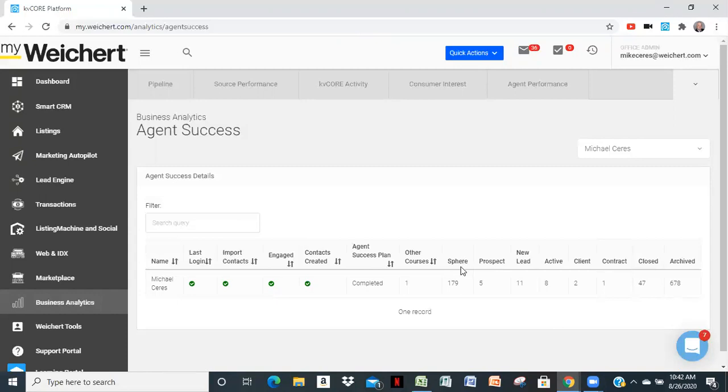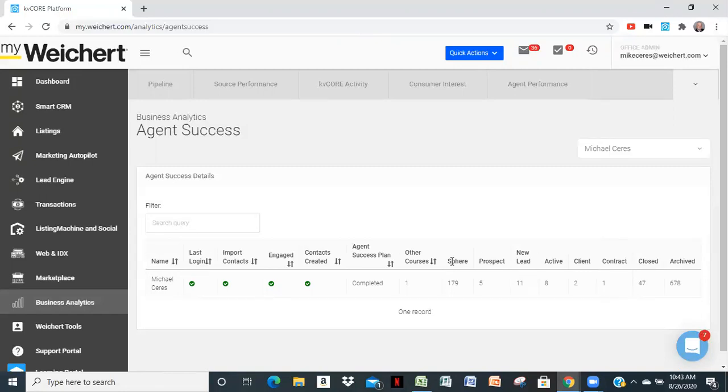So let's look at these statuses. The 2 outlier statuses are the sphere of influence and the archived people, okay? Those are people that are kind of outside of your business pipeline. The sphere of influence obviously is your friends, your family, your neighbors, any business partners that you partner up with. For example, you have painters and roofers and landscapers and electricians and plumbers.